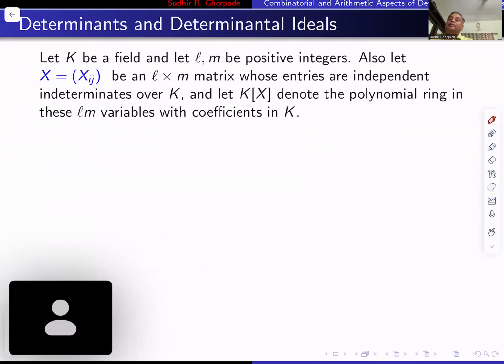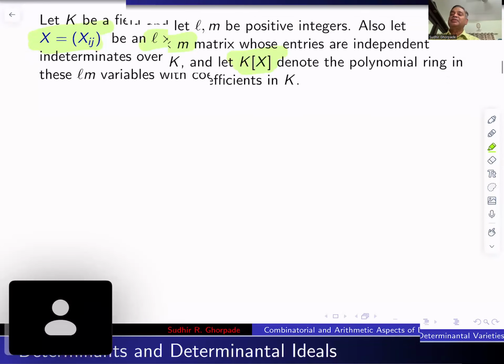I'm going to be interested in the situation where I have a matrix, which I will call X. Here X is an L cross M matrix whose entries are variables, independent indeterminates over a field, let's say K. And by K[X], I will denote the polynomial ring in these L times M variables with coefficients in K. Now, of course, this is a rectangular matrix. Determinant is something that we talk about for a square matrix.